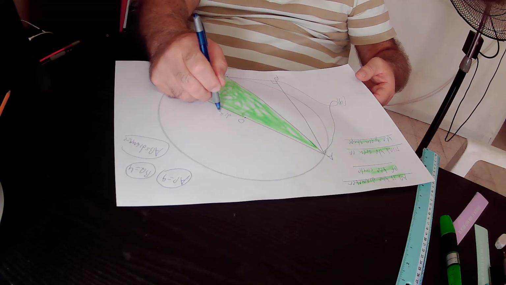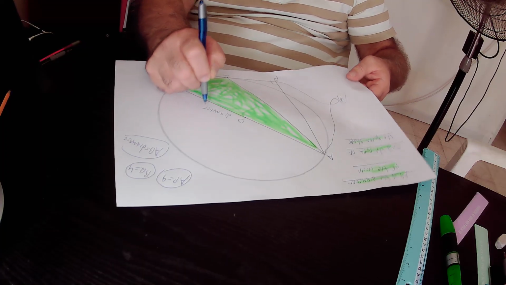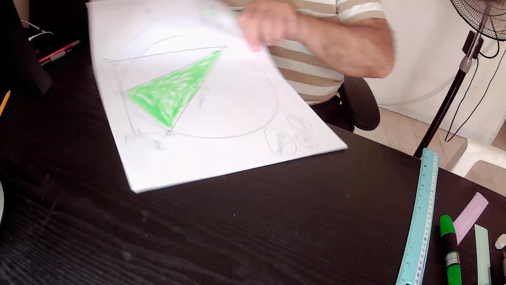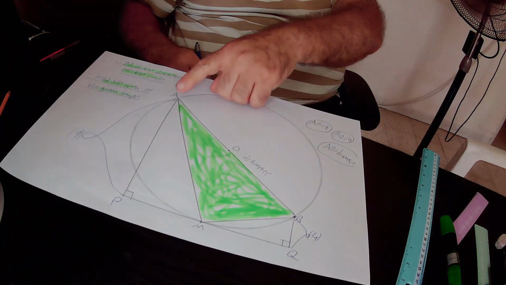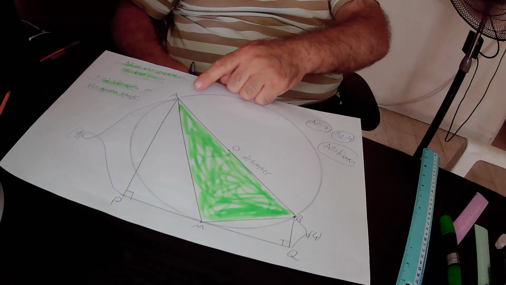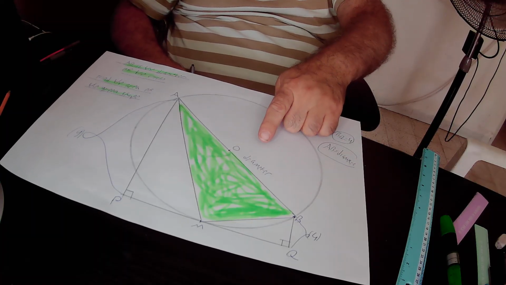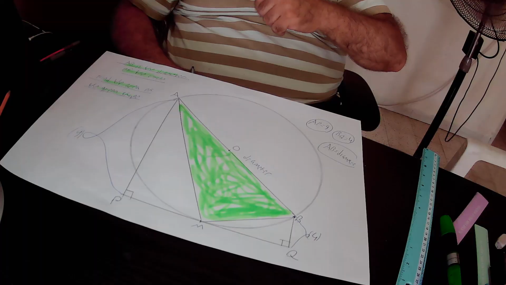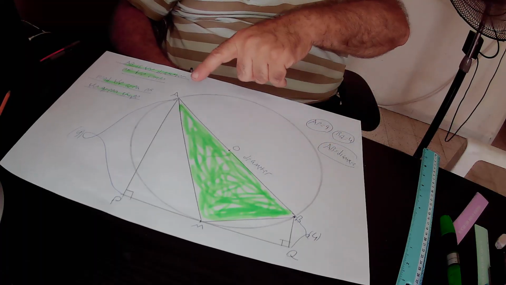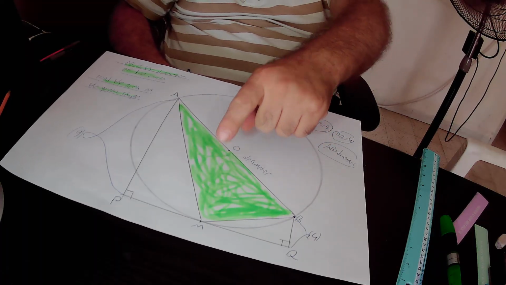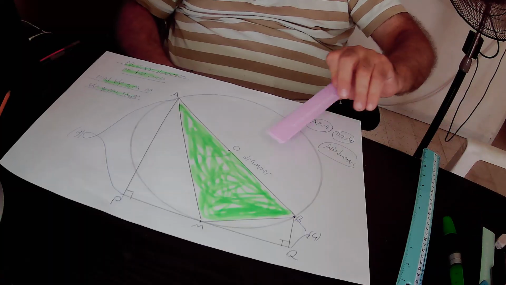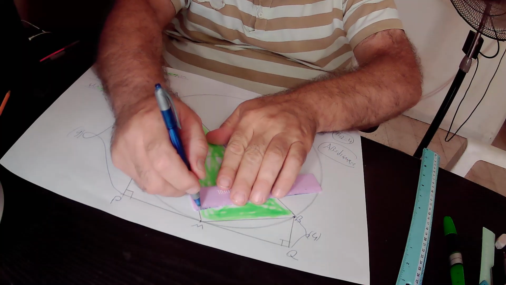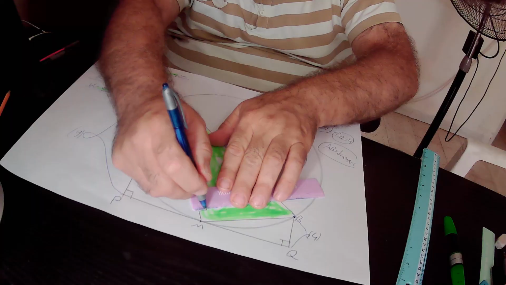AB is the diameter of this circle. Peripheral angle ABC subtends chord AB, that is the diameter of this circle. And therefore, according to rule 7, peripheral angle ABC must be equal to 90 degrees in size.